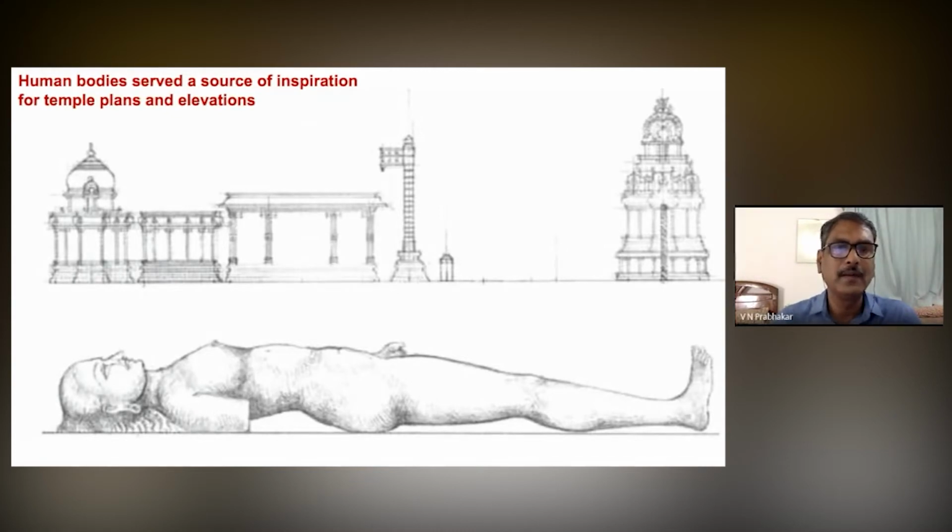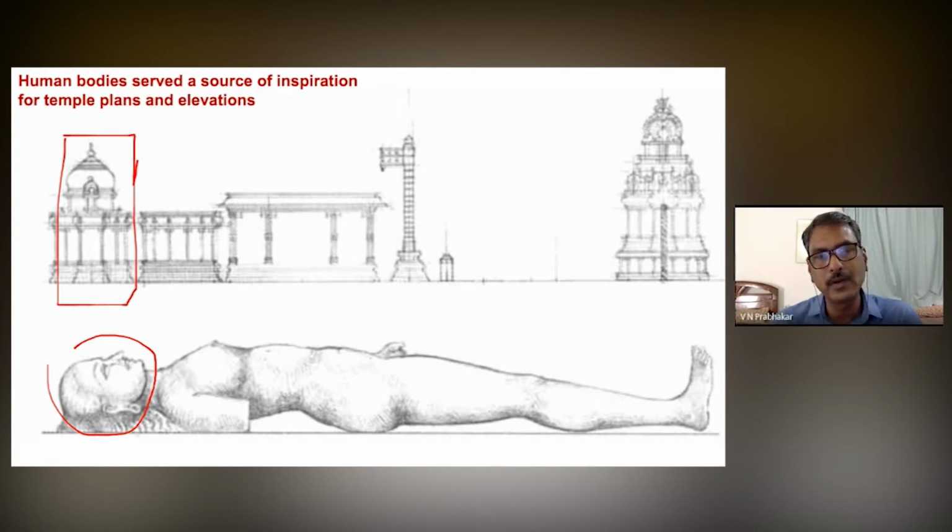They have identified the various parts of the temple with the human body, like the head of the human body corresponds to the shrine. That is the main aspect of the temple, which houses the God, and which is the central place of worship. And the Gopuram, or the entrance gateway, corresponds to the foot.